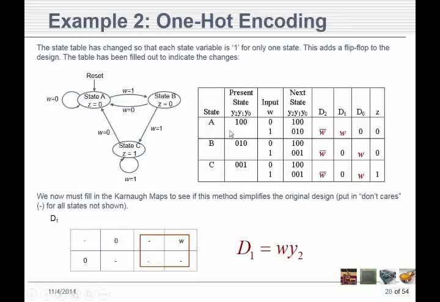If we had A, B, and C for these 3 variables, we would have A as the most significant and C as the least significant. So Y0 are these 2 rows. This is Y0 not, and this is Y0. These 2 are Y1, and these 2 are Y2. That's why this is Y2. Does that make sense? Normally we call this A, these 2 B, and this row C, but I can't do that because it's not the same as those states.